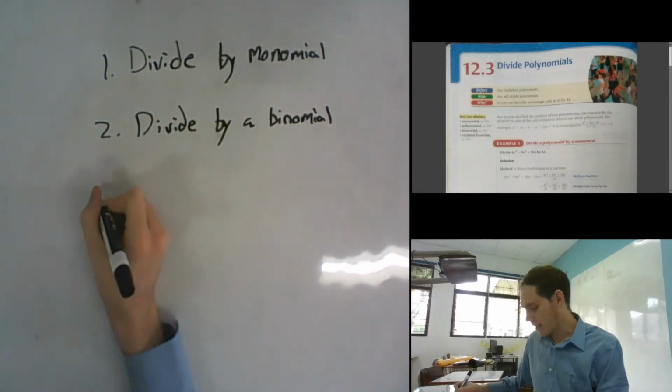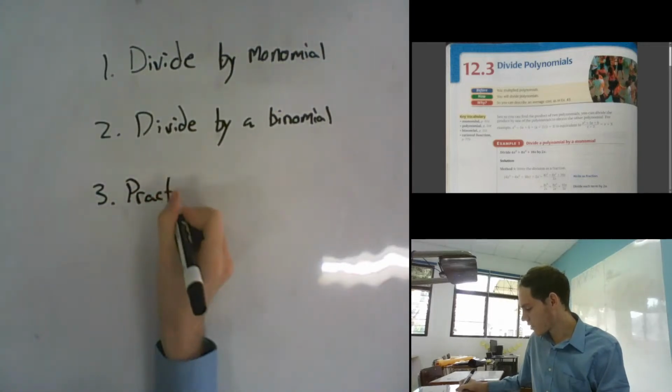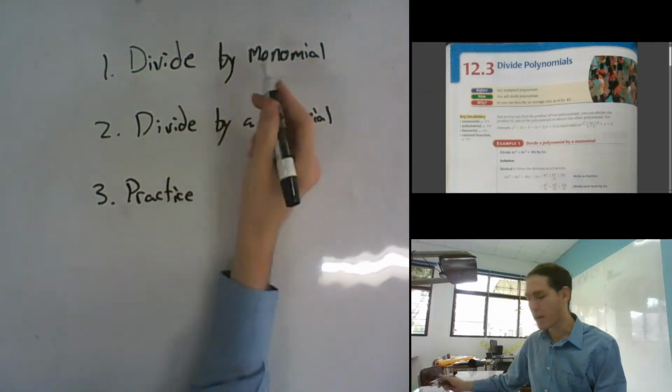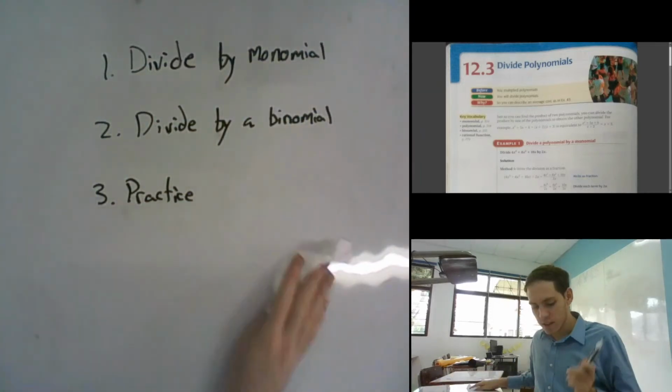Okay? And then we're just going to practice. So number 3 is just practice. Okay? So we're going to divide by a monomial, divide by a polynomial, and then we're going to practice.